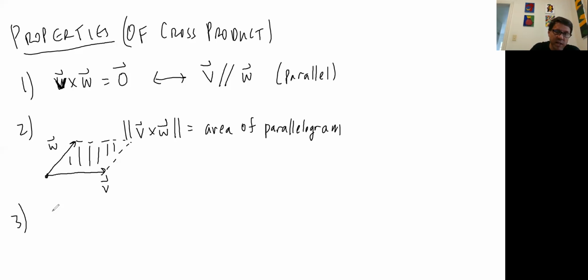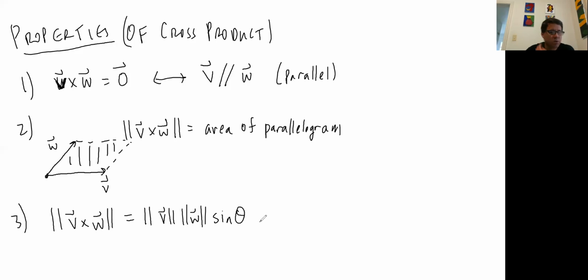Another way to see that is that the length of V cross W is, very similar to cosine, the length of V times the length of W times the sine of the angle. So whereas the dot product is related to cosine, the cross product is related to sine.